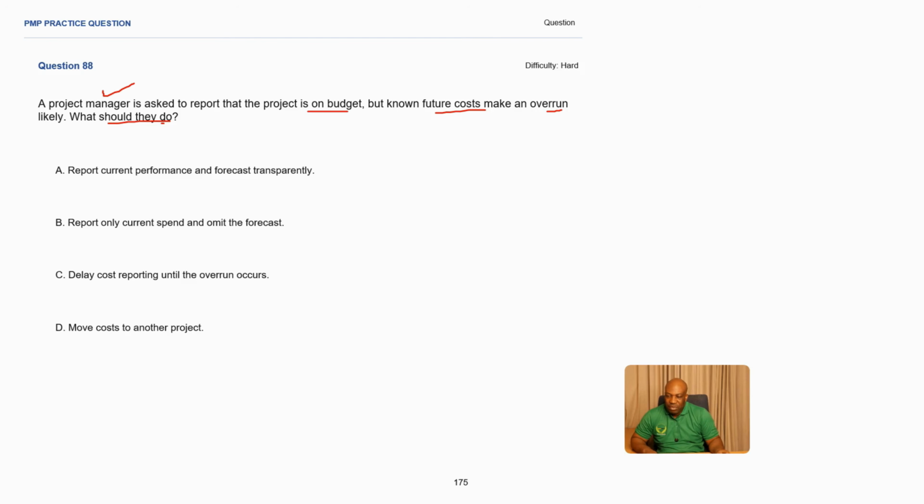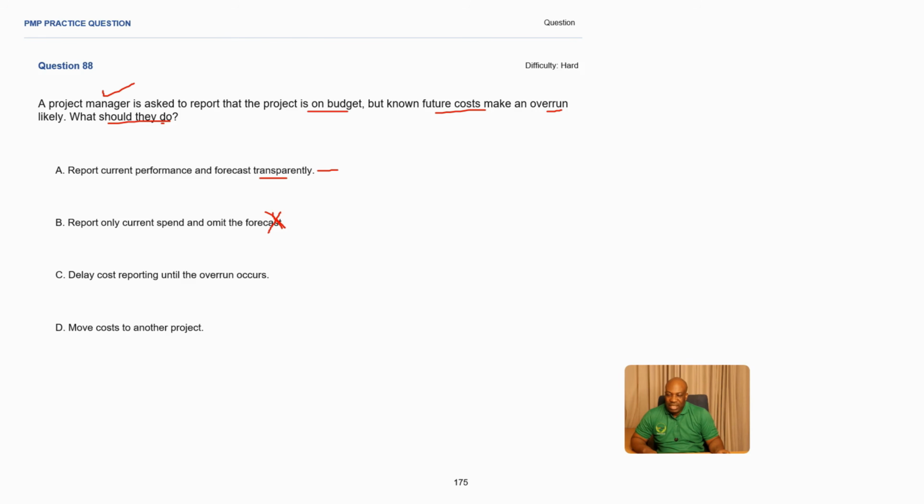A, report the current performance and forecast transparently. Okay, makes sense. I like the word transparent. B, report only current spend and omit the forecast. The forecast is going to affect your overrun, so you cannot ignore it. You also need to report it. C, delay cost reporting until the overrun occurs.